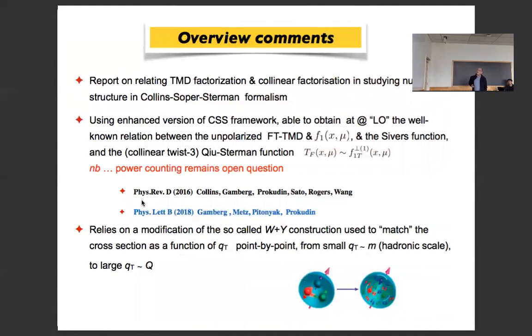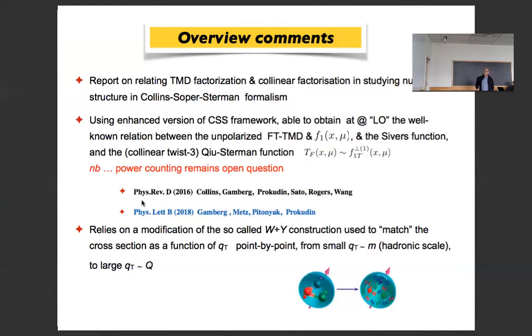What we did this year was to use CSS to get a relationship between the unpolarized TMDs and the collinear PDFs at leading order. The more interesting result was that, through the CSS formalism, we were able to verify something that's been written down earlier, which is that the first moment of the Sivers function is related to the twist-3 function. This is the paper where this is discussed.